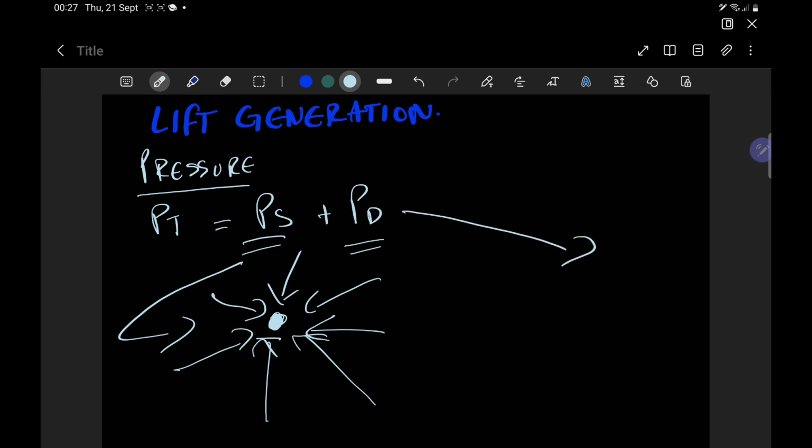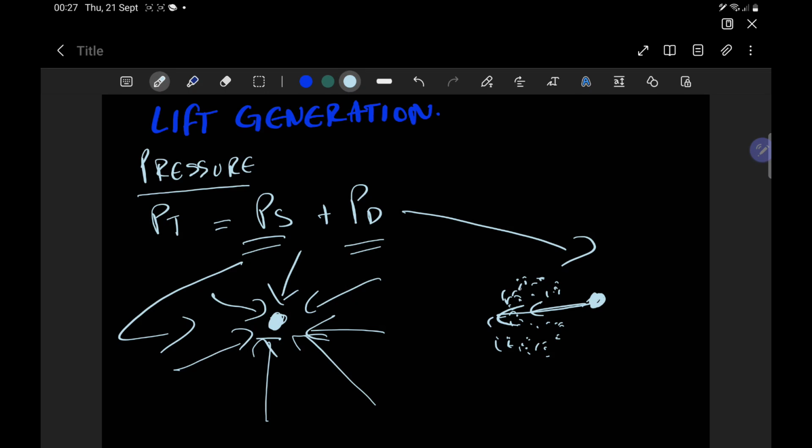Whereas in dynamic pressure, the object or the fluid has to move. We have an object, it is moving, and as we're talking about aviation, we should use air mass as a reference. So we have an air mass as a fluid, and this object is moving through this air mass.